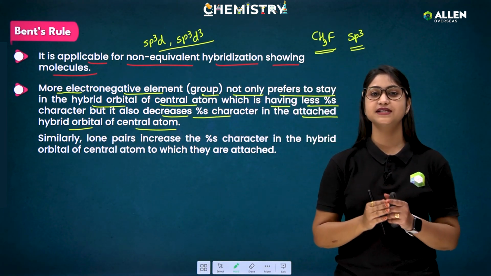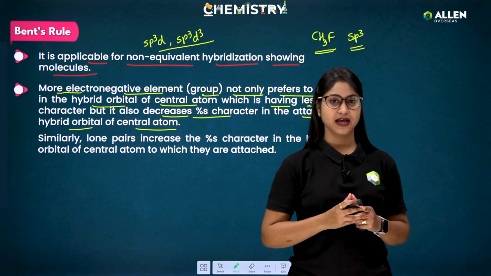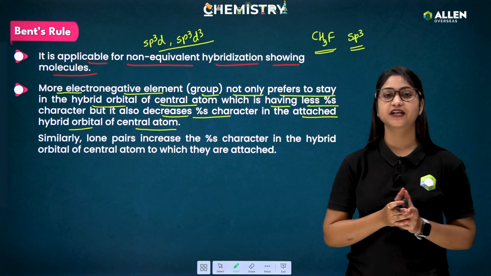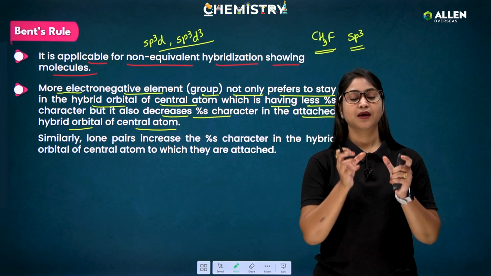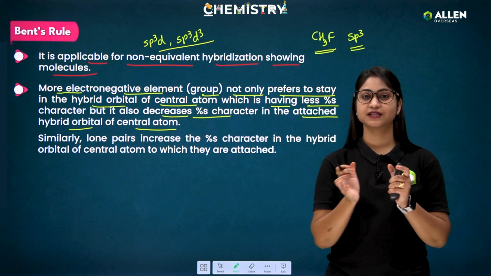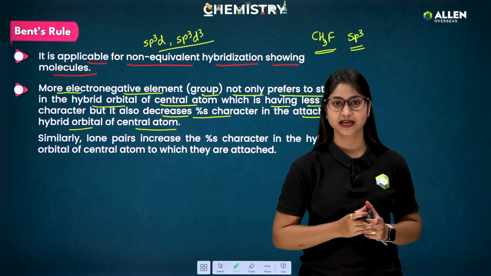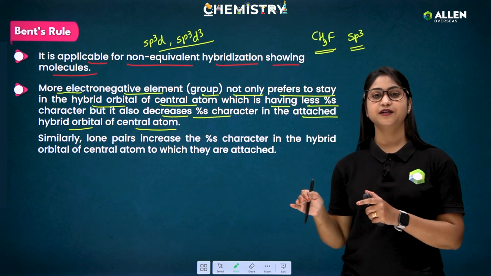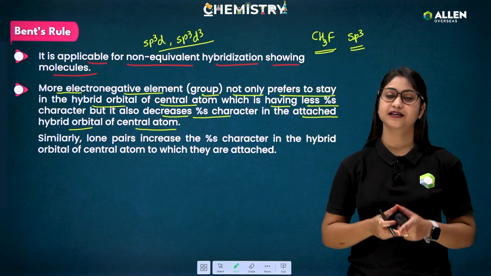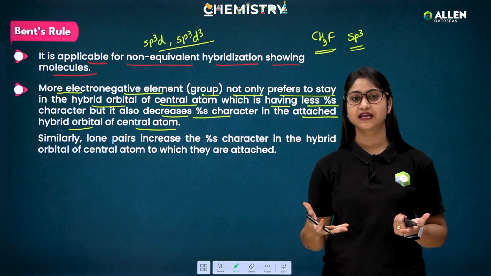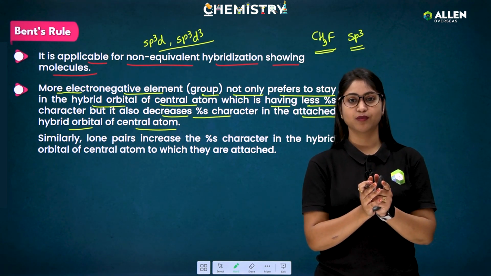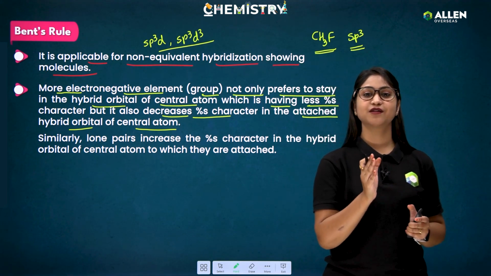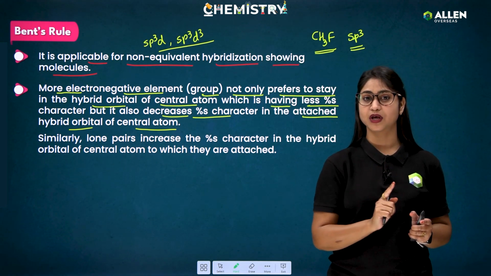So first of all, this rule is saying that if you have a more electronegative surrounding atom, then that atom will prefer to stay in that hybrid orbital of the central atom which is having less percent s character, right? This is one thing. And after occupying that hybrid orbital, it will try to decrease the percent s character in that hybrid orbital. So ultimately we can say that whichever hybrid orbital the highly electronegative element is attached to, in that hybrid orbital there will be less percent s character. This is one thing, right?